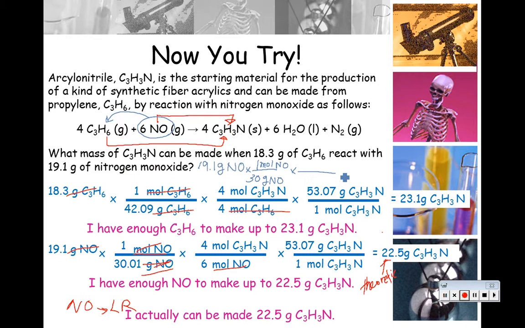Because now I'm trying to figure out, if I have this much of NO, how much of C3H6 will I need to put in there? So I'm going to say for every 6 moles of NO, I'm going to need 4 moles of C3H6. But I'm going to have to do this in grams. So I'm going to put in 1 mole of C3H6.